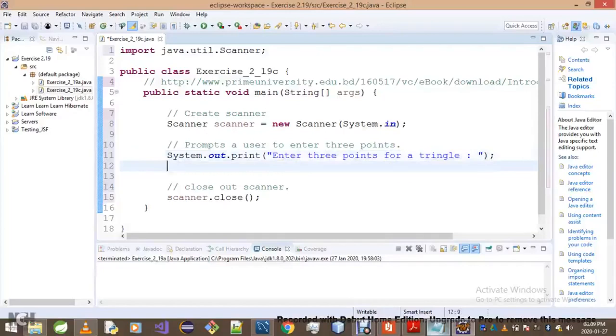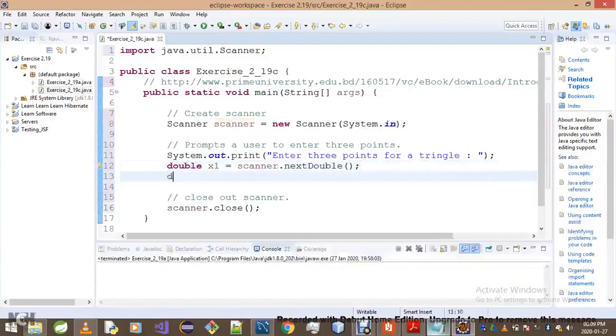If you remember well, on our previous solution, we declared a bunch of variables in one line, separated using a comma. However, that's not good style of code, right? So the better way would be to go double x1 and then next double. In fact, the better way would be to declare and initialize in one line.